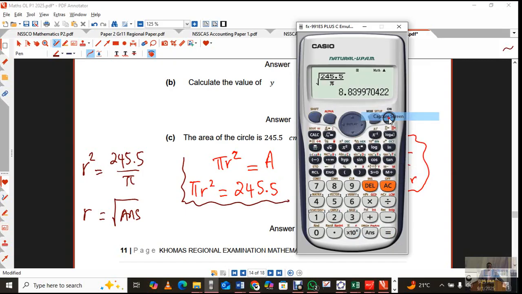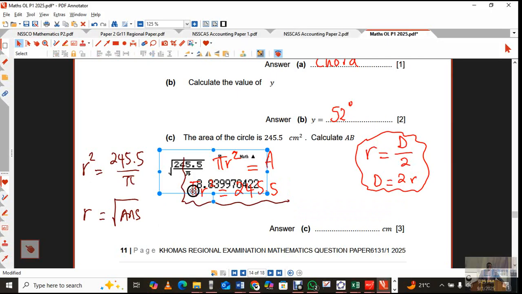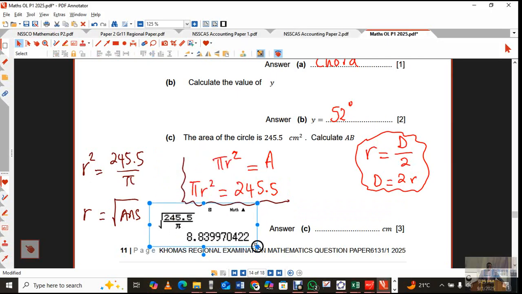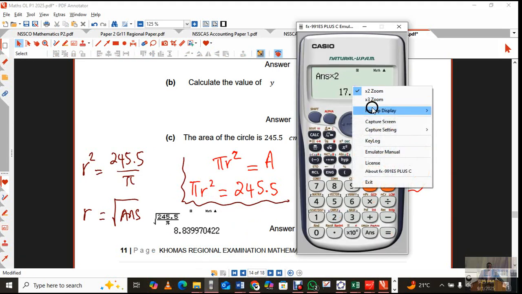I'm not going to round yet, okay? So paste it. This is my radius, okay? But now to find my diameter, I'm going to multiply this answer by 2, okay?